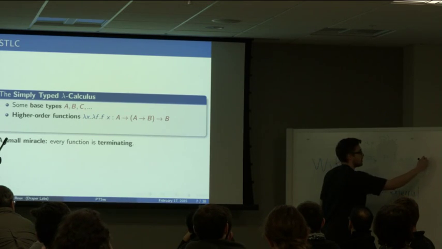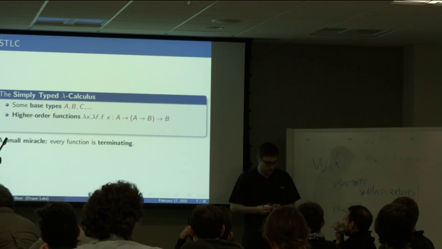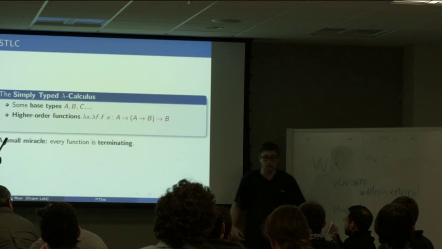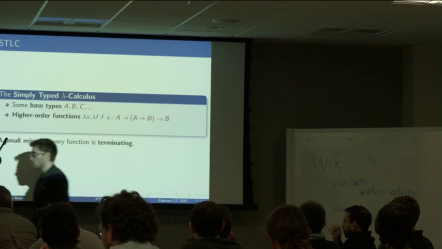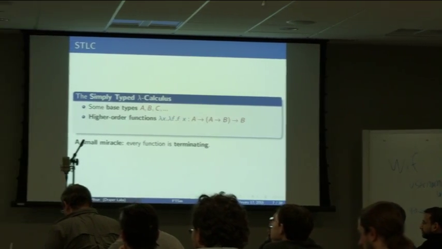All right? So this is the only computation rule. And basically it does what you would expect it to do, which is when you apply a program to a value, it just substitutes that value for the variable.